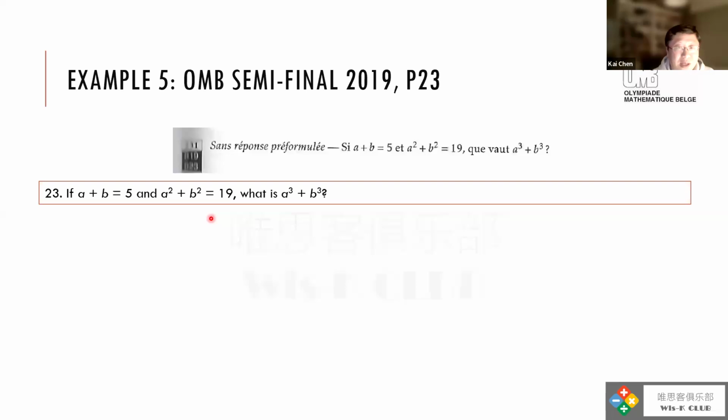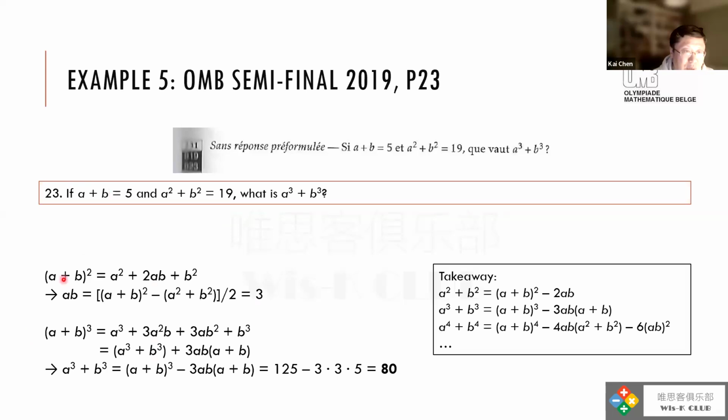So basically, it's a pure identity calculation. We know some identities like the square of the sum, like the difference of squares. Here we use the square of the sum. If you square the sum, A plus B, you get the sum of squares plus 2AB, right?